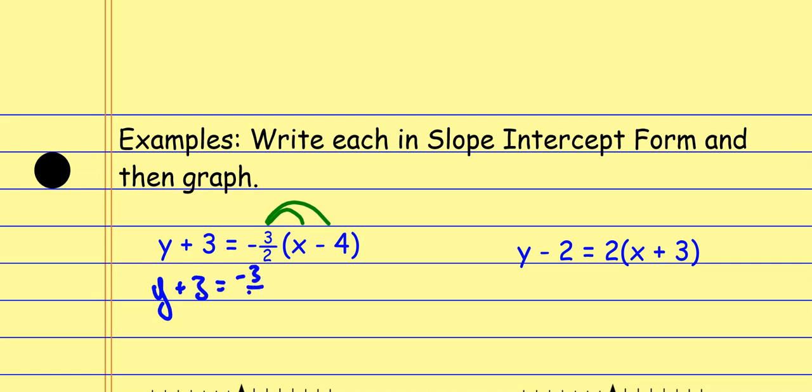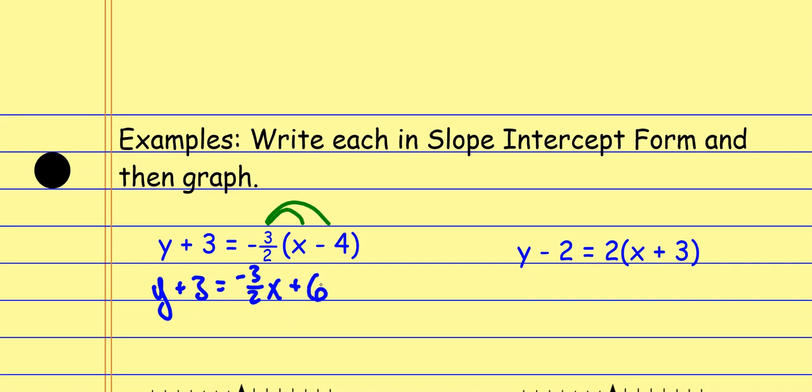That's a negative 3 halves x. And then negative 3 halves times negative 4, remember, that's a division sign. So really, we're doing negative 3 times negative 4, but then also divided by 2. Negative 3 times negative 4 is a positive 12, and then the fraction bar is a division sign. So 12 divided by 2 is a 6.